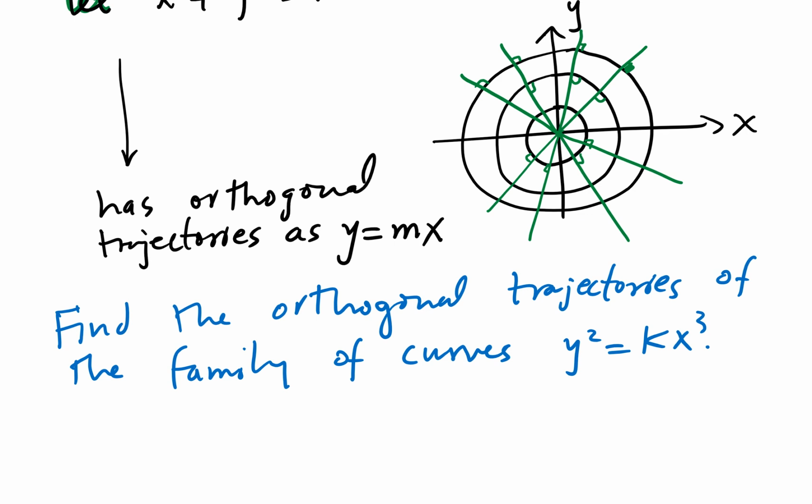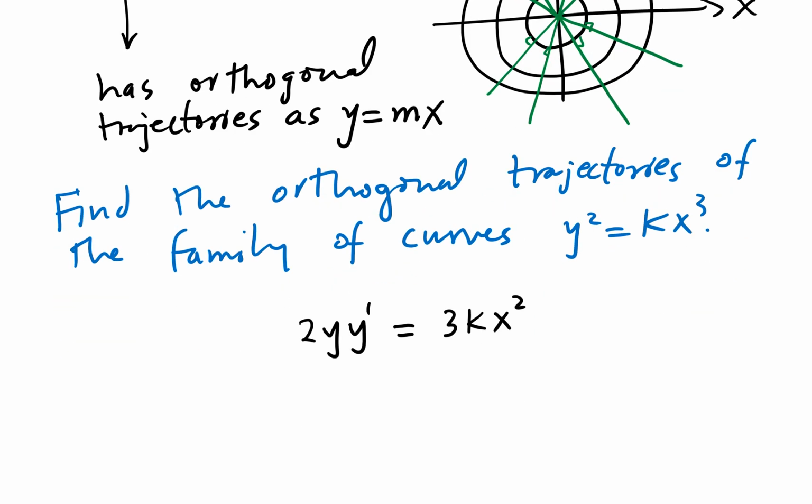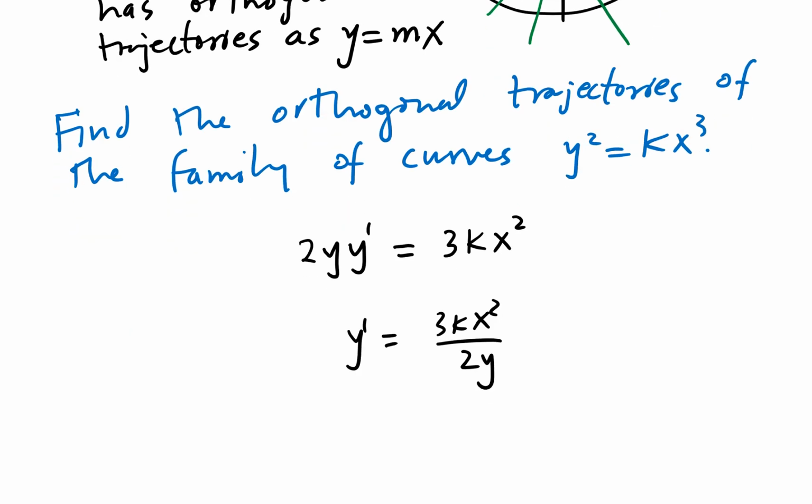The first thing, the process here: first we differentiate both sides to solve for y prime. So we get 2y y prime, that's the derivative of y squared. Derivative of x cubed is 3kx squared. From here we can solve for y prime, which is 3kx squared over 2y. But then what I want to do is eliminate the k.